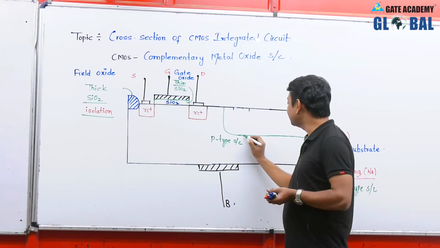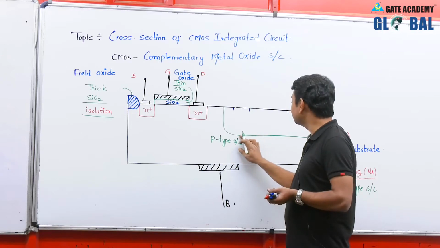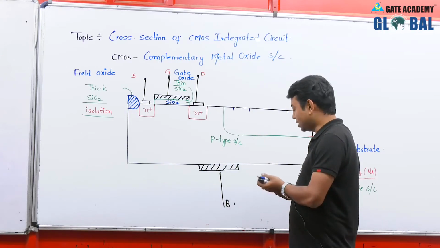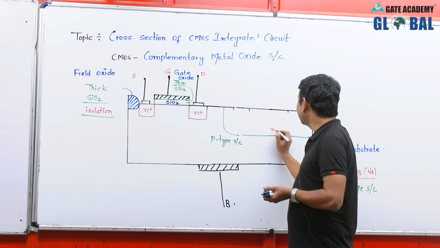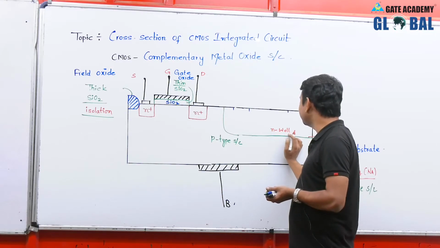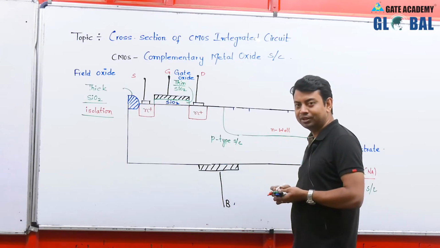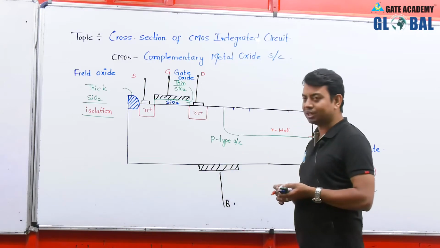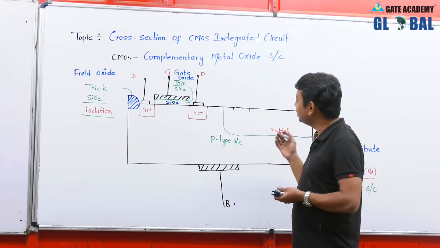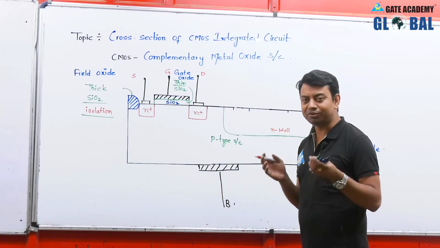This well-shaped region is known as the N-well. That means I have created an N-well, an N-type semiconductor, in a p-type semiconductor. The main substrate is of p-type, but for the PMOS we need the substrate to be of N-type.